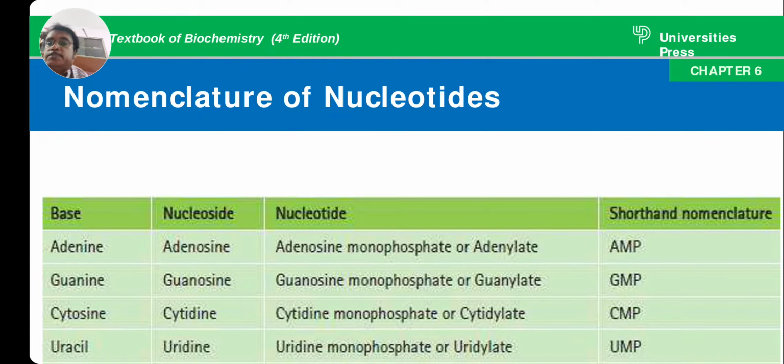Sugars of nucleic acid are D-ribose in RNA and deoxyribose in DNA.